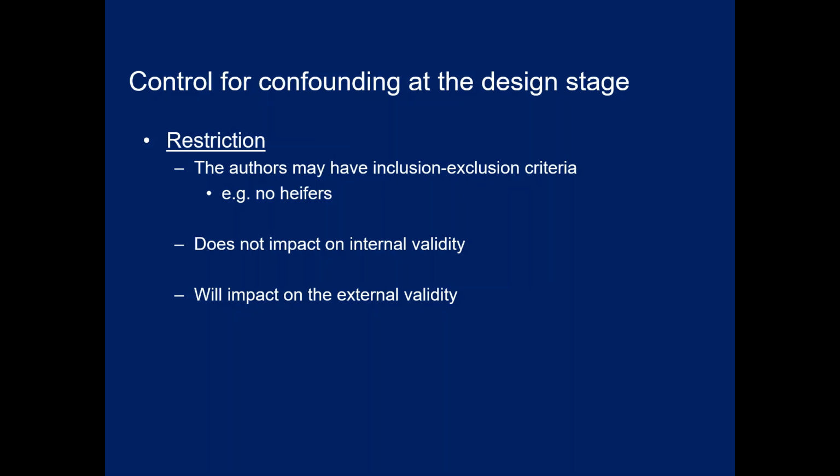And so whilst those studies are incredibly valid internally when it relates to male athletes, they do not have the external validity to be applied to all athletes. So just something to remember with restriction. It's a very quick, easy way to do it, but it could limit who we apply the results to.